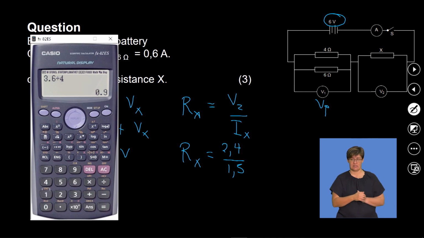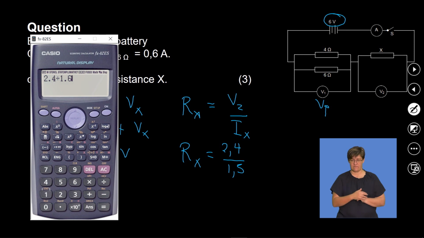Then we can take that to our calculator. It's a 3-mark question: formula, substitution and answer. So it's 2.4 divided by 1.5, okay? Then we need to divide that.